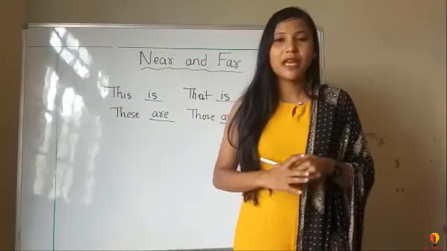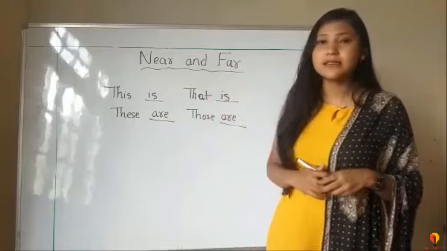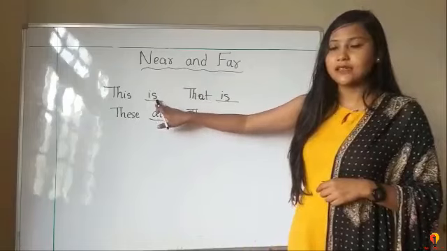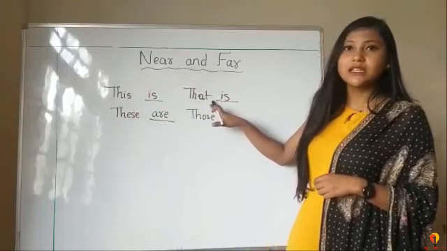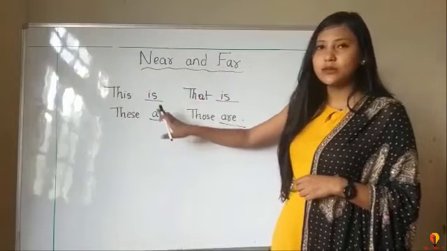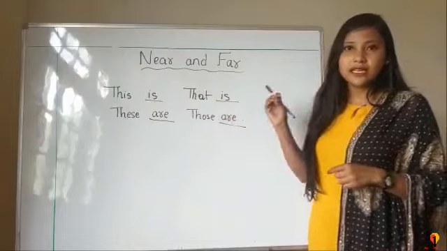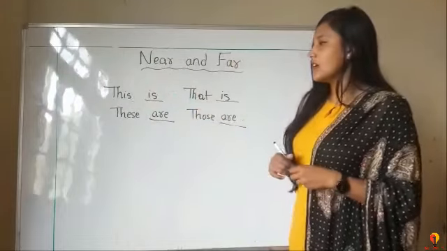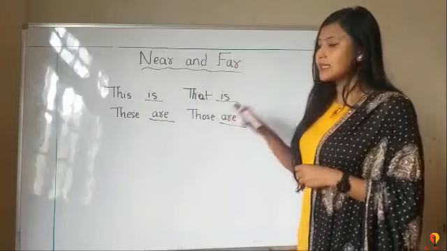One more thing we have to remember in this topic is that we use is with this and that, but we use are with the words like these and those. So is हम यूज़ करते हैं this और that के साथ, और are यूज़ करते हैं these and those के साथ.